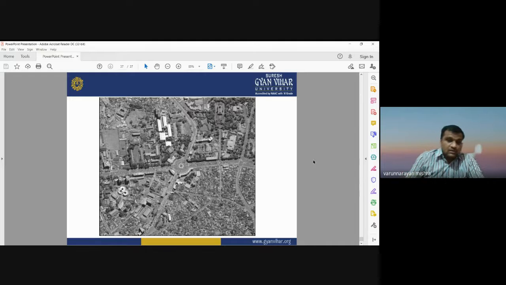This is all about different satellite sensors available for the cadastral mapping, for the urban area mapping, or you can say the images acquired by high resolution sensors.